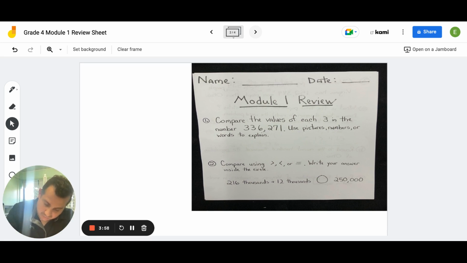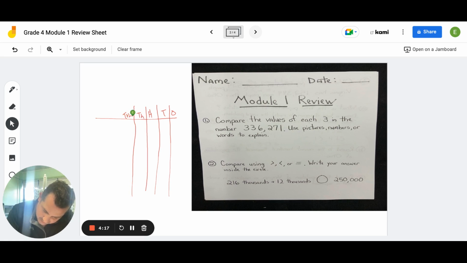So what I can do is draw my ones, tens, hundreds. This is thousands, 10,000s, and now our 100,000s place.